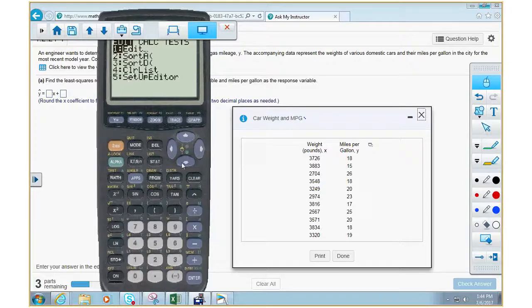So stat, edit. The weights: 3726, 3883, 2704, 3548, 3249, 2974, 3816, 2567, 3571, 3834, and 3320.